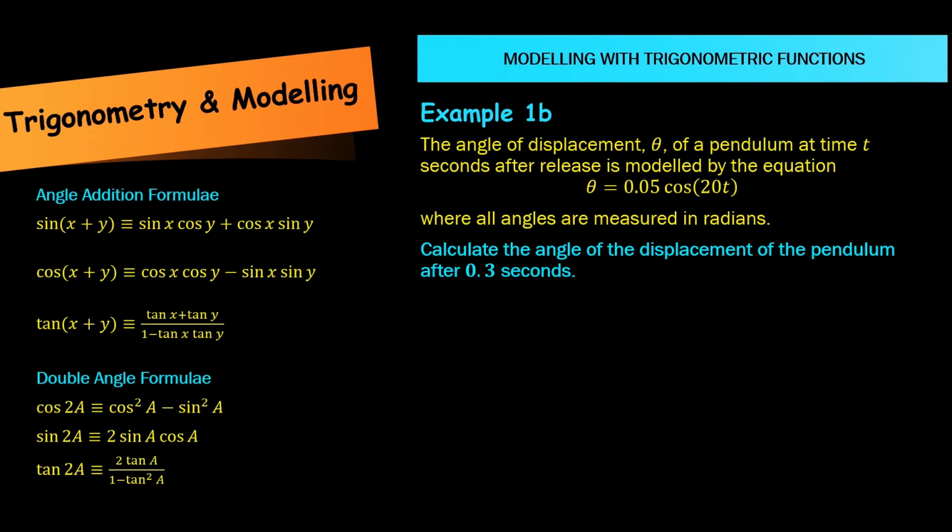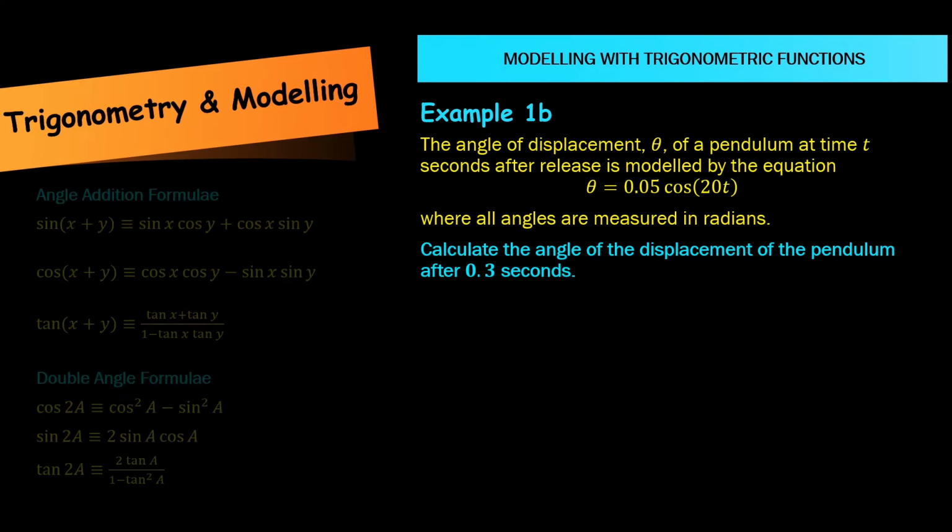Now let's take a look at part B. In the same scenario, we are required to calculate the angle of the displacement of the pendulum after 0.3 seconds. So let's solve this.